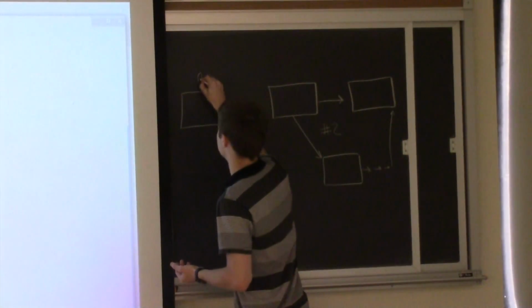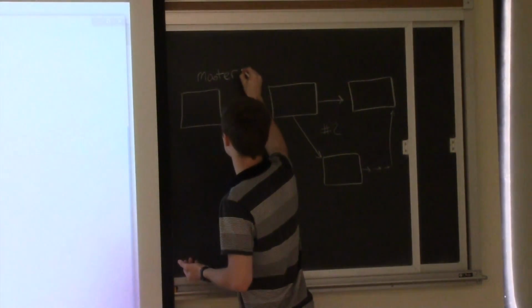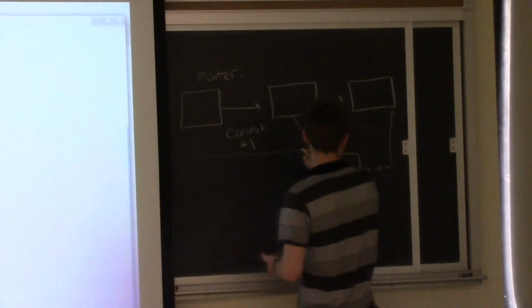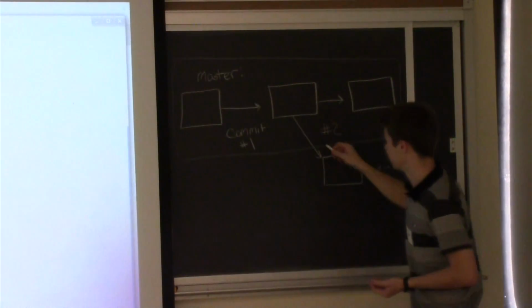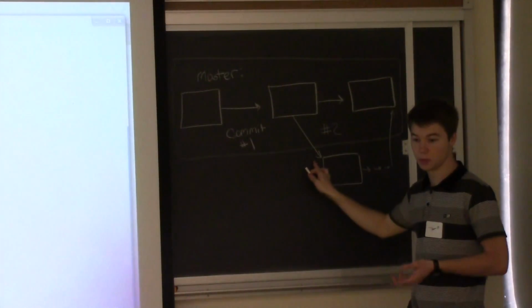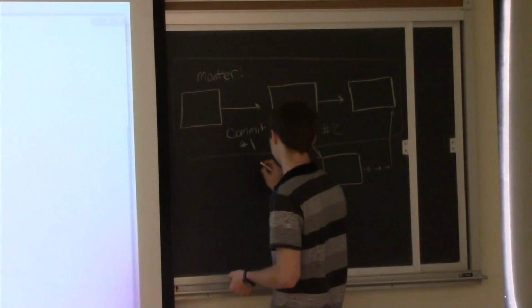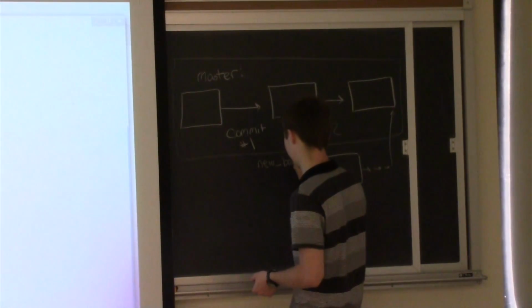So you would say, this is your master right here. And then when you do this, you create a new branch, and let's just call it, like, we could say, new branch.